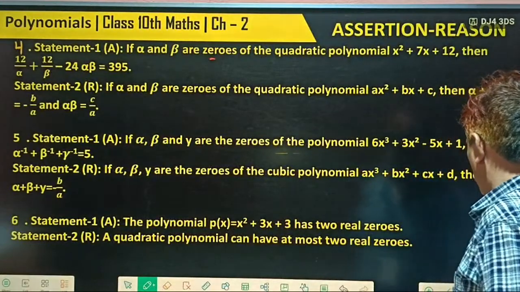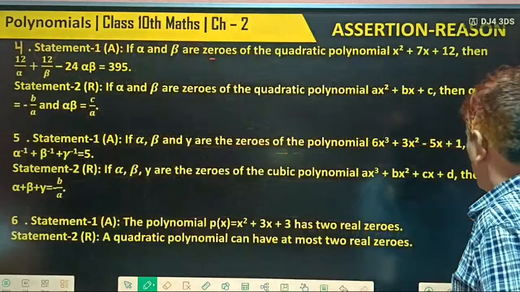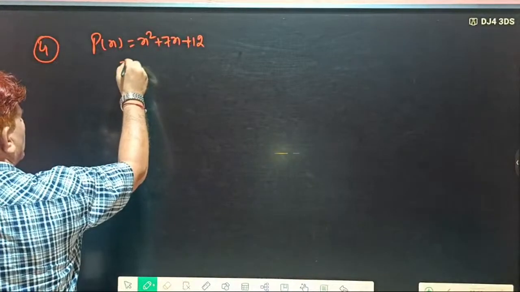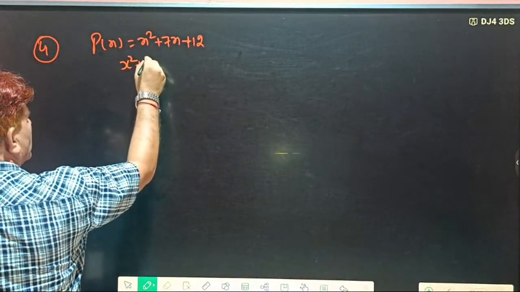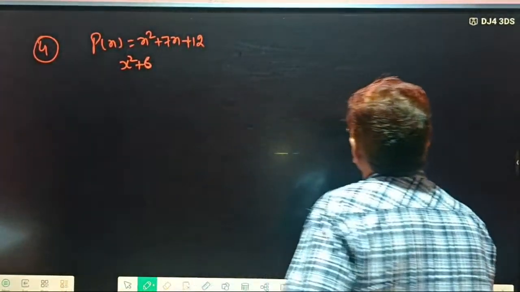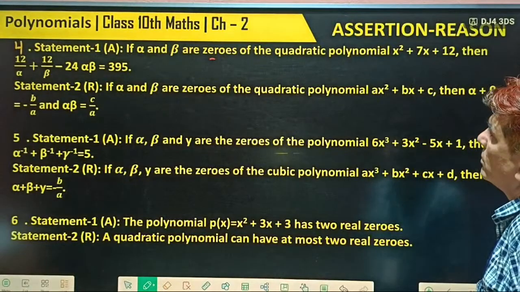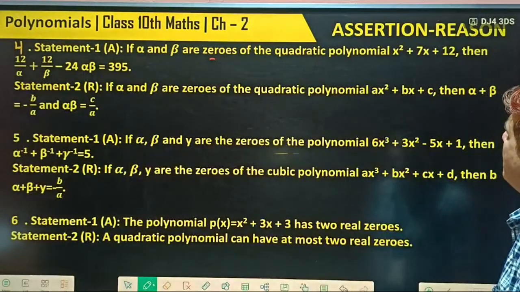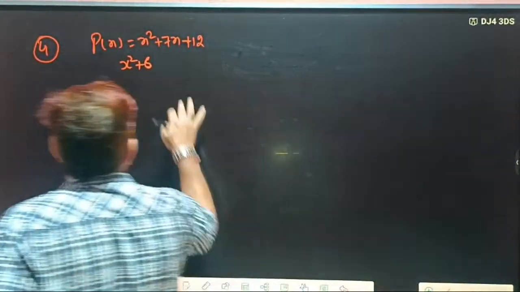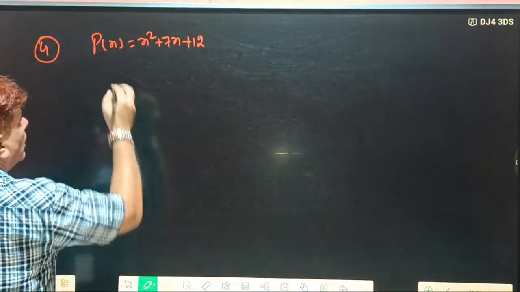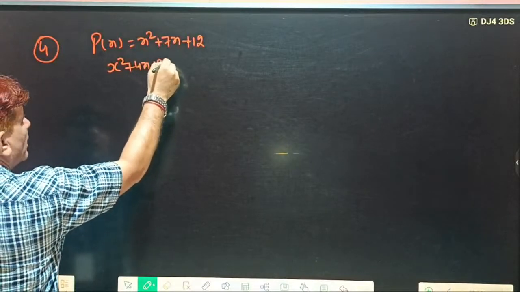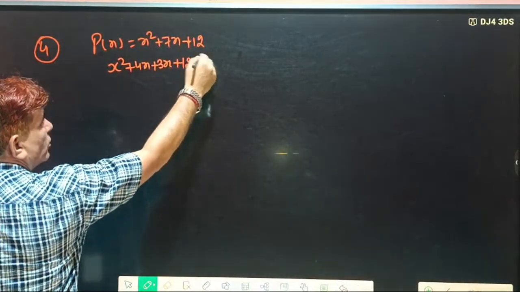Understood? So we will first find its zeros. So we will make its factors. So watch. X square plus 4x plus 3x plus 12 equal to 0.